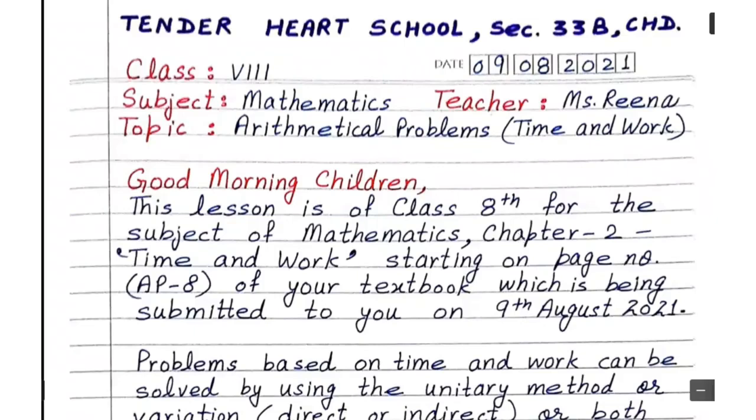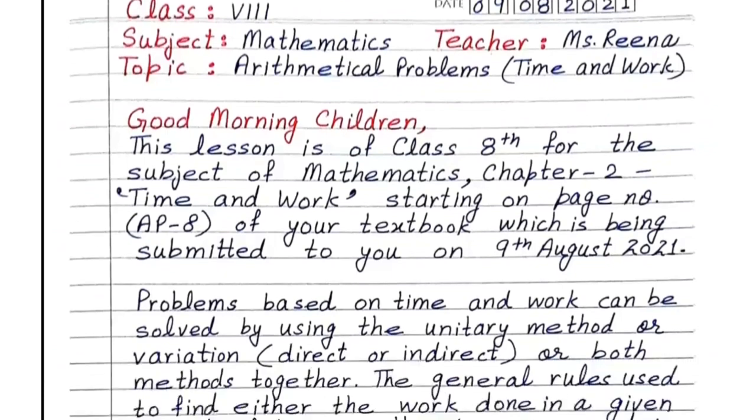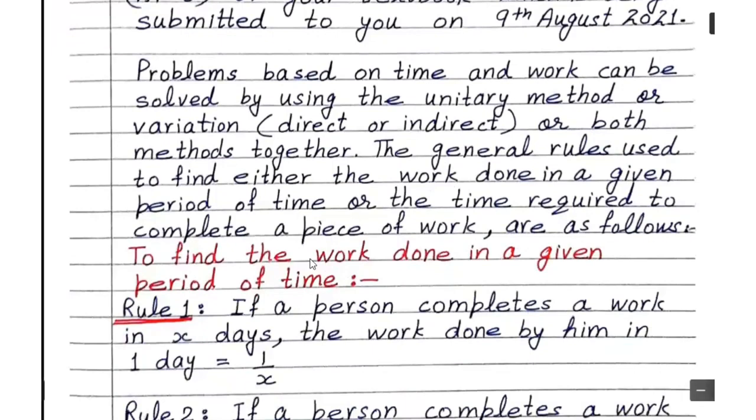Children, in today's lesson, we are going to discuss time and work. Problems based on time and work can be solved by using the unitary method or variation, that is direct and indirect, or by both methods together.